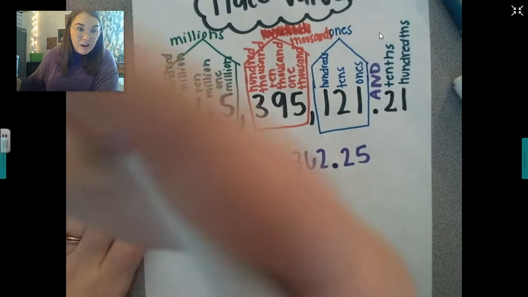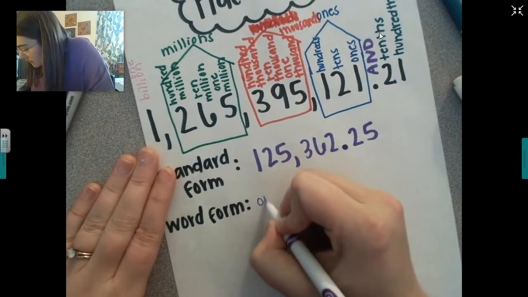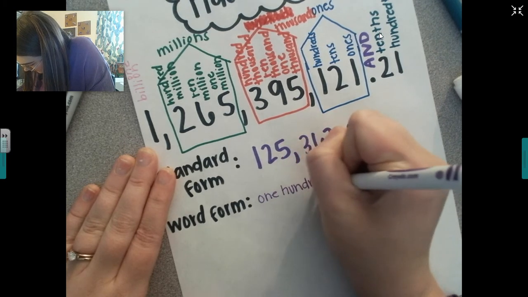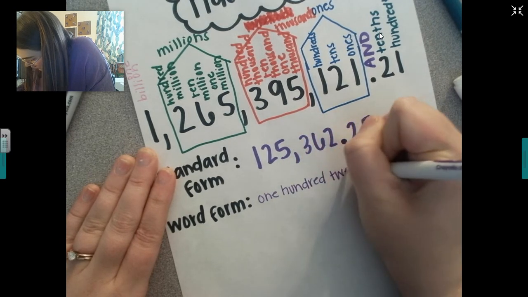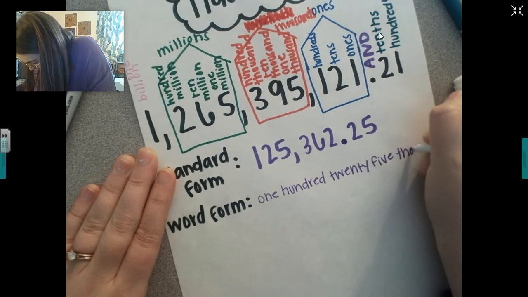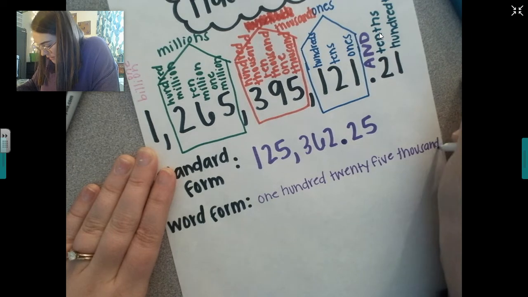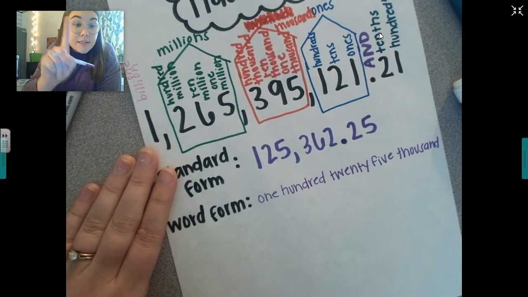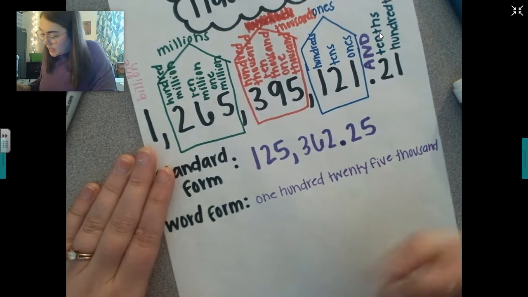So now we got to write all of that out. So 125,000. Remember, we don't say and until we see a decimal. And is not a word in your vocabulary when you're reading words and when you're reading numbers until you get to a decimal.